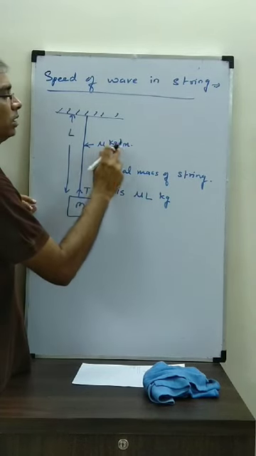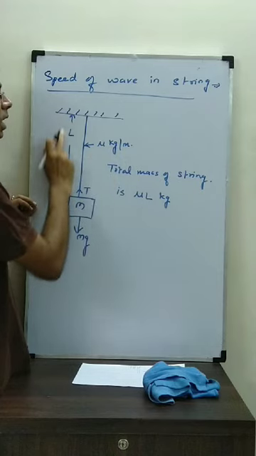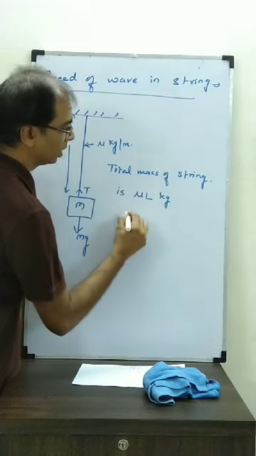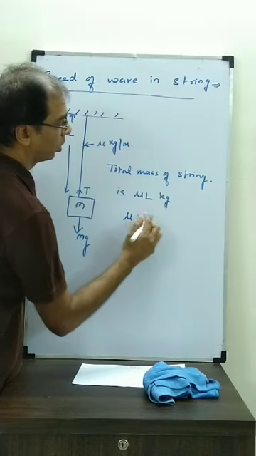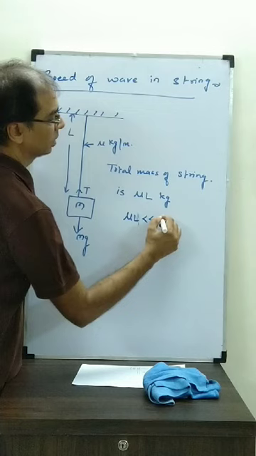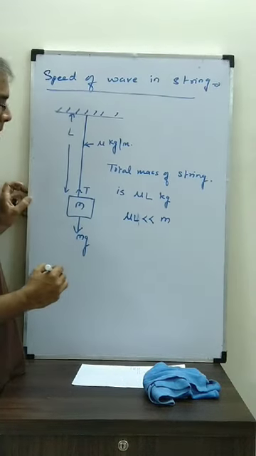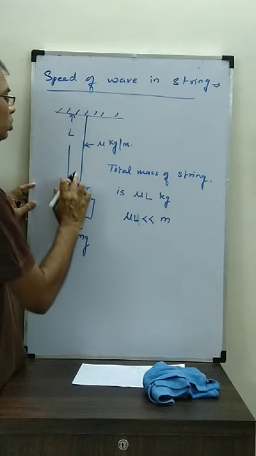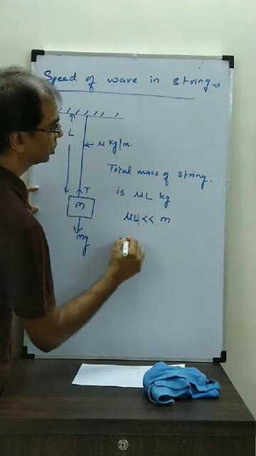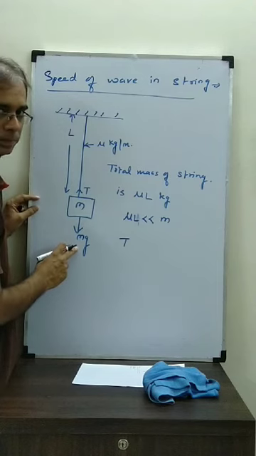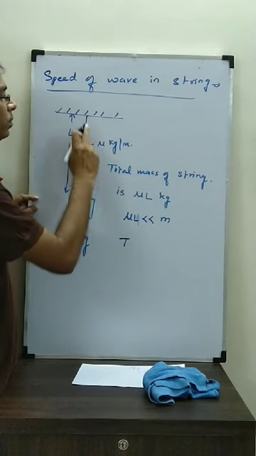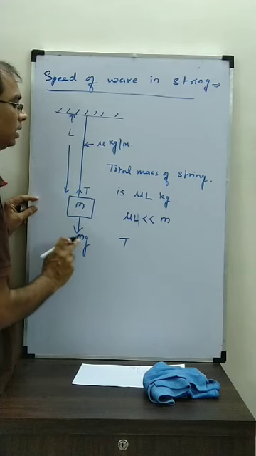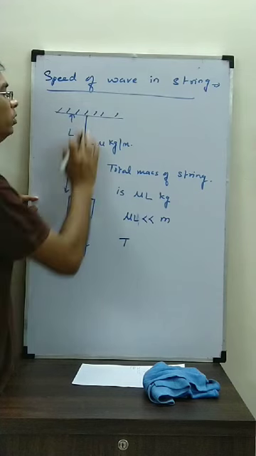How can we say? Because this is given as mu kg per meter. How many meters is this? L meters. So its mass will become mu L kg. Now if we say mu L is very small as compared to m, then we can say throughout the string, tension will be due to this mass only. If the mass of the string is very small as compared to the mass of this block, then tension will be due to this mass only and it will be uniform.